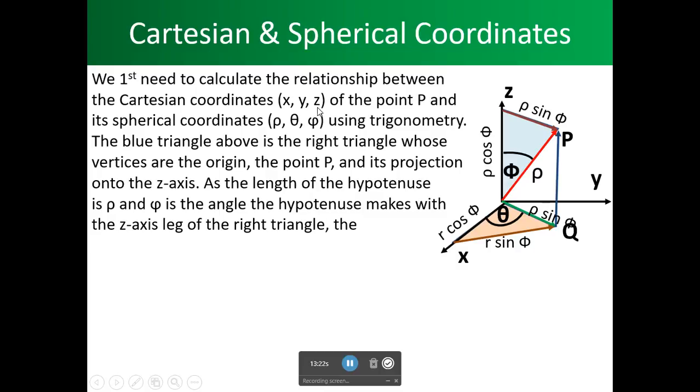As we go from x, y, and z of the point P, we have here, in its spherical coordinates, rho, theta, and phi, using trigonometry.